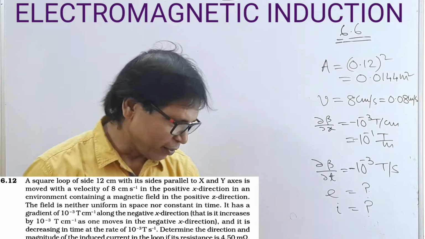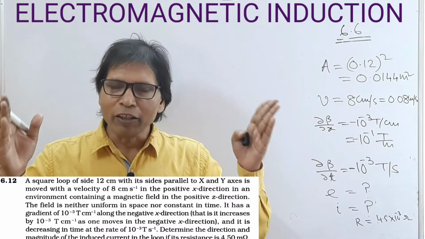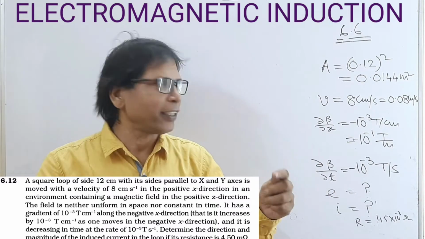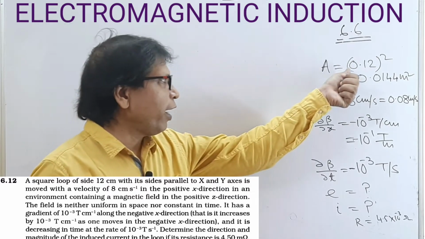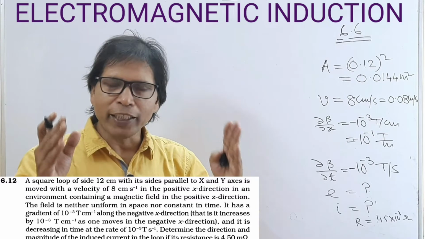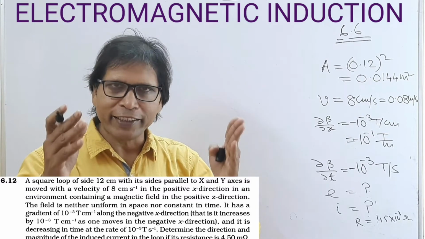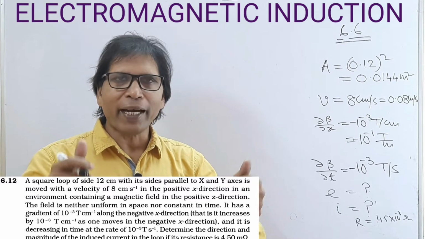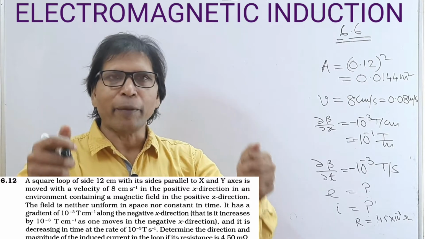Now look at this. Here the magnetic field is along the positive direction of the x-axis. Now area, length along the x-axis, breadth along the y-axis, so it is also directed along the z-axis. So B vector and A vector are parallel.